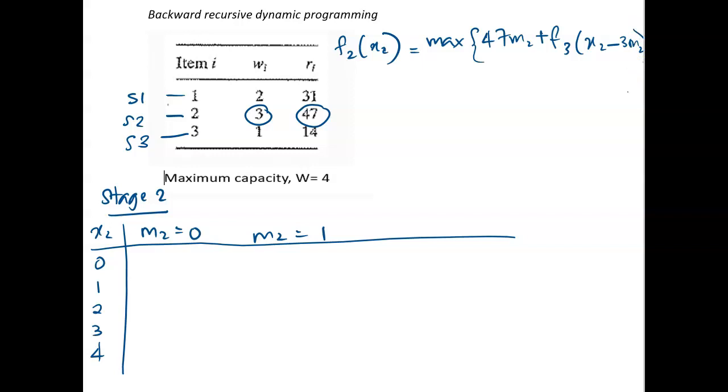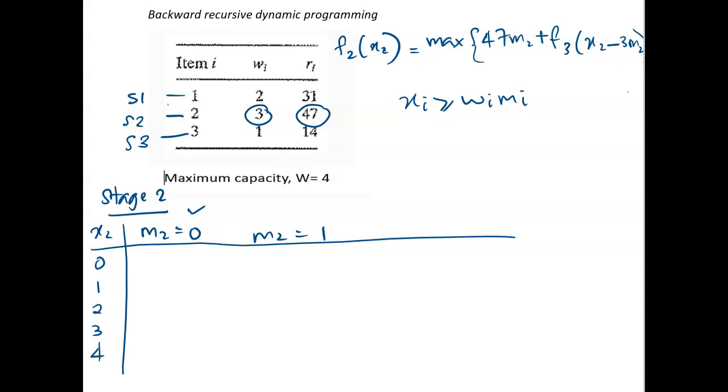And remember, we should also be alert about the infeasible area, which we should exclude from our calculation. So your x should be greater than or equal to the weight times the units of the item. If m2 equals 0, never mind, because we can start from x2 equals 0.